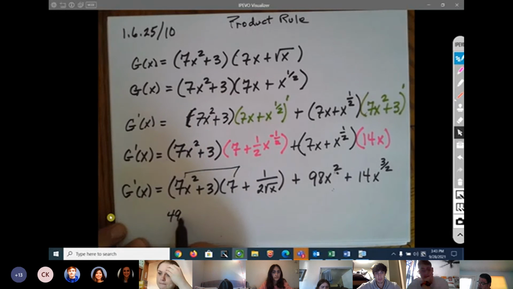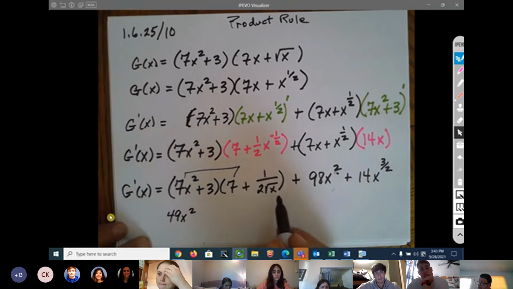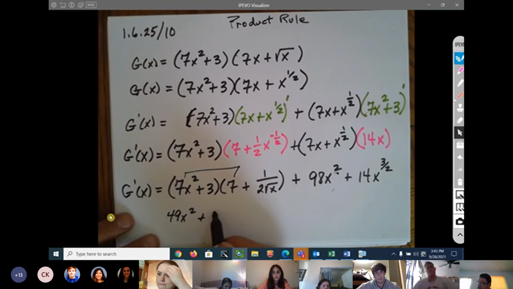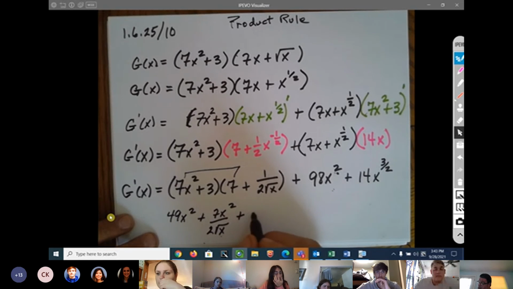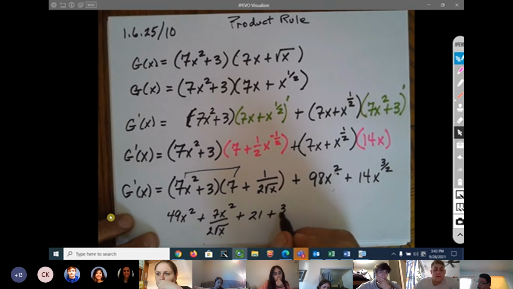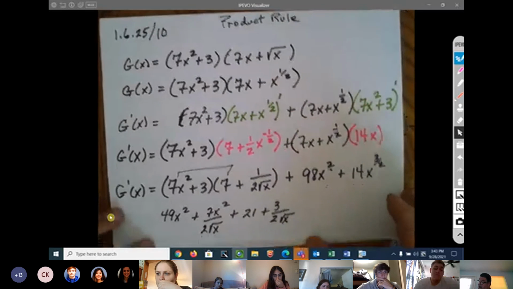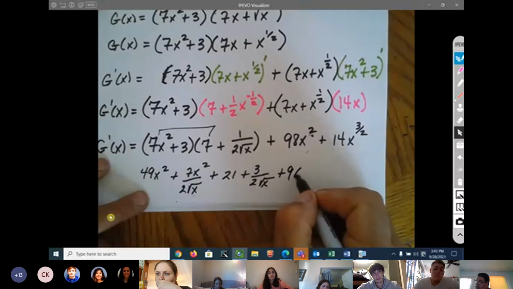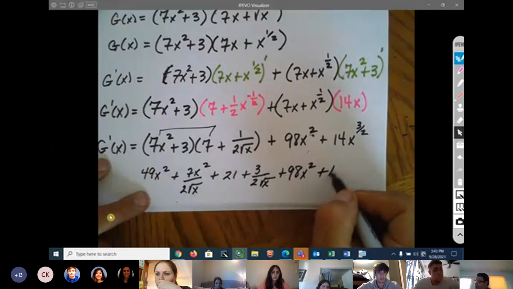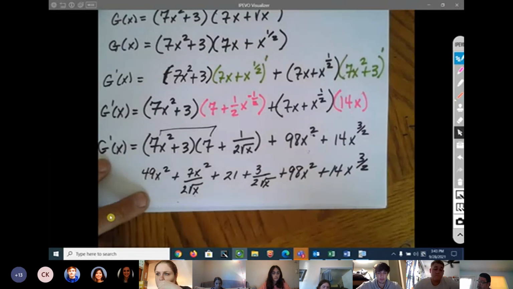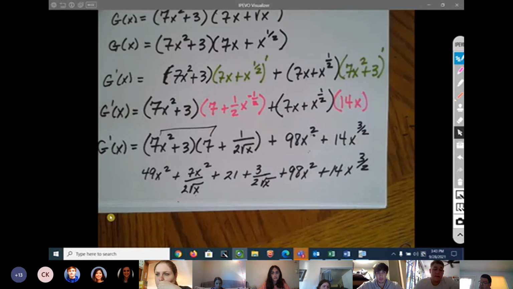That'd be 49x squared plus 7x squared over 2 square root of x, plus 21, plus 3 over 2 square root of x, plus 98x squared plus 14x to the 3 halves. Good gracious, what a mess.